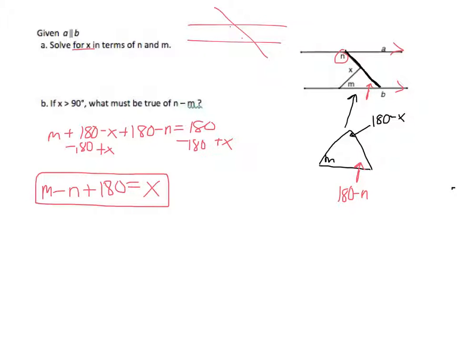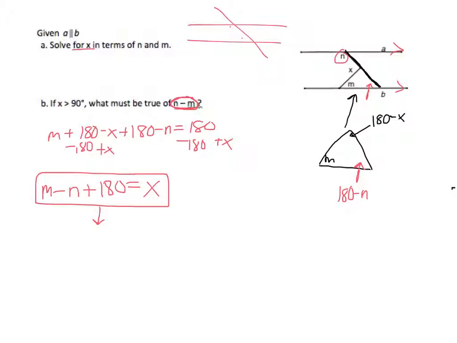Part B: if x is greater than 90, what must be true of n minus m? What I'm going to do is use the equation we just took, and solve it for n minus m. That's what we're looking for.